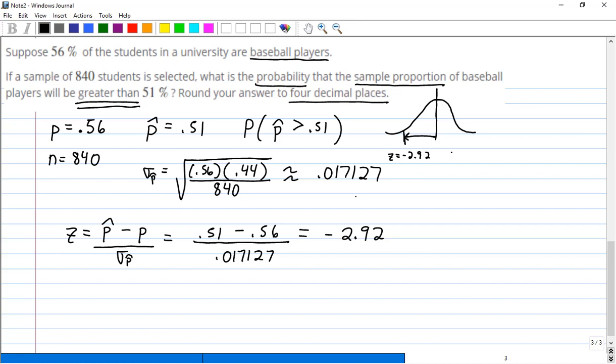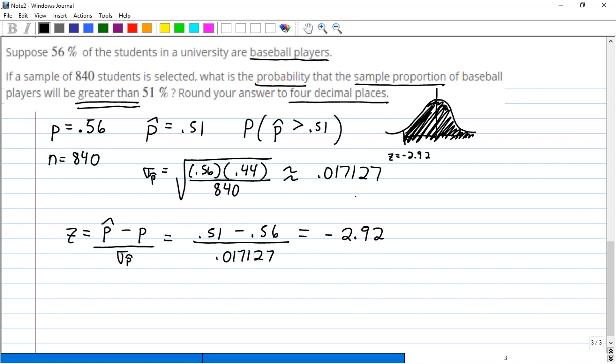Now this is a greater than problem. Greater than means area to the right. So if this entire space under the curve is equal to 1, it looks like I've almost shaded in the whole thing. So whenever I find my final answer, it better be high 90 percentages, or maybe even 99 point something.